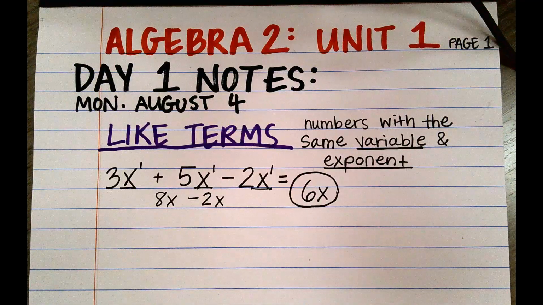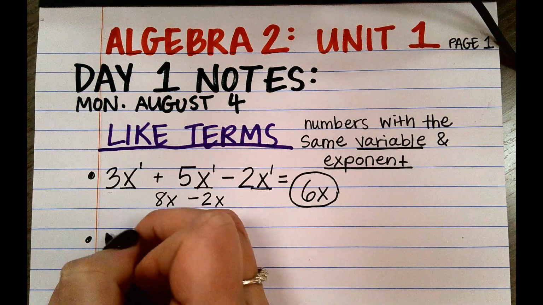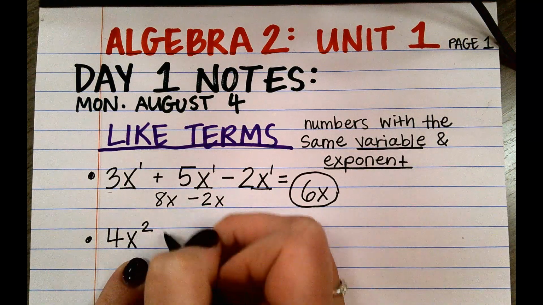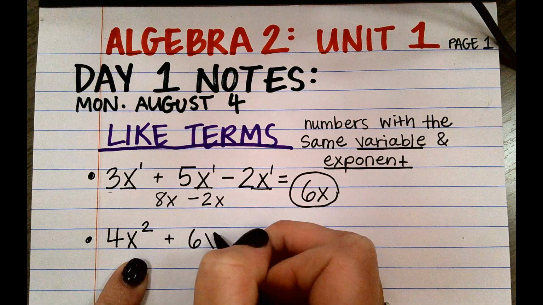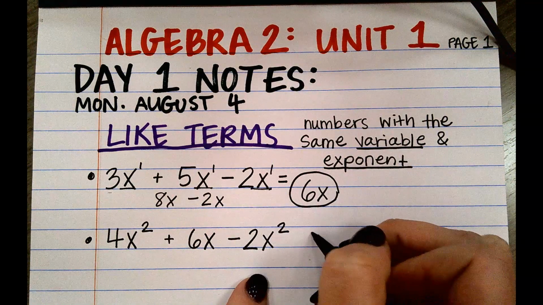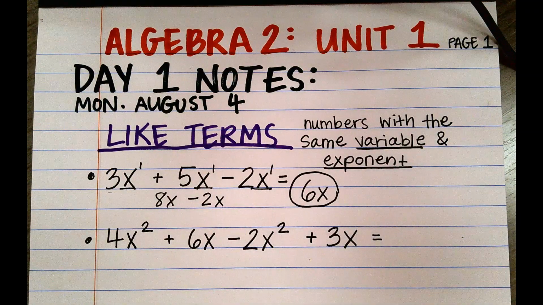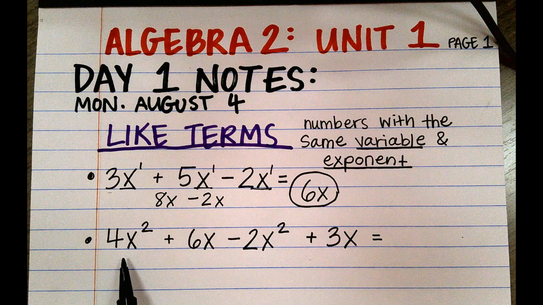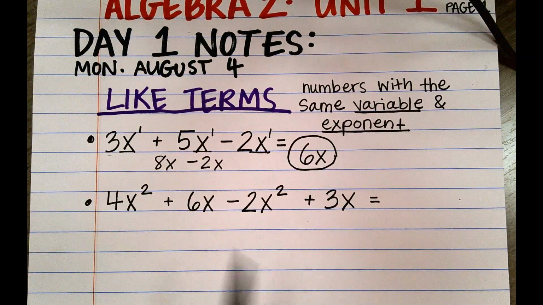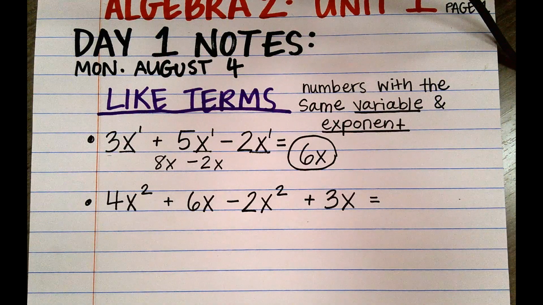Let's look at another example. What about 4x squared plus 6x minus 2x squared plus 3x? For this problem here, are these all like terms?